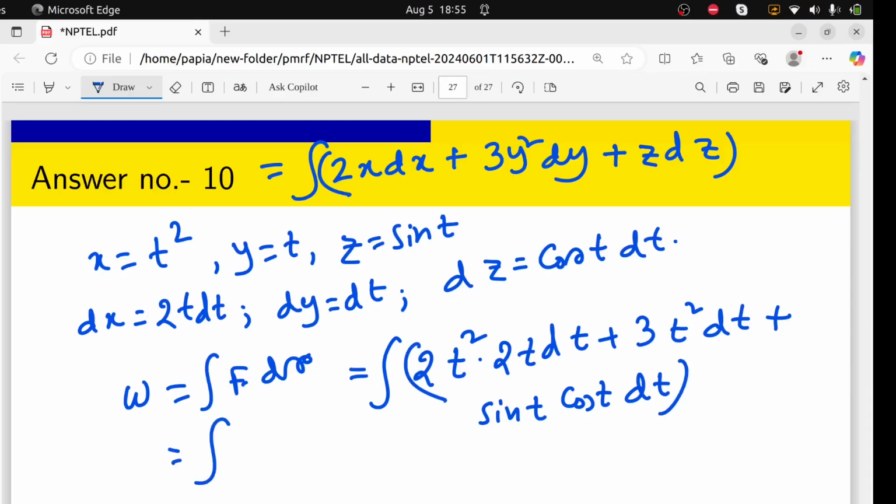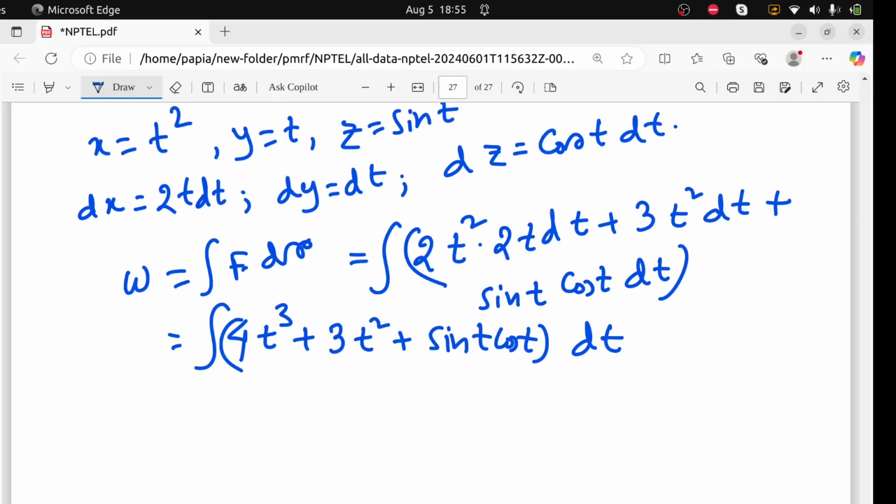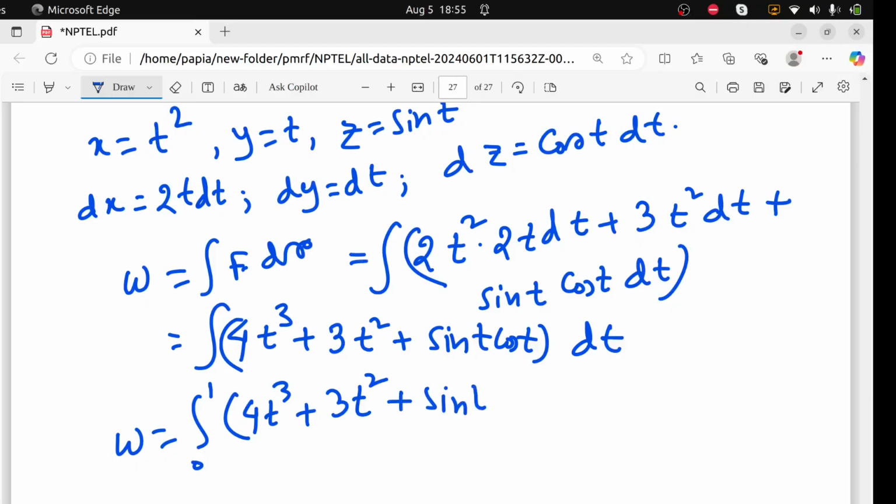Now you can just take common all the dt terms, then it will be 4t cube plus 3t square plus sin t cos t dt, and they are asking W from t equals 0 to 1. So I am getting the limit as well, and W is a scalar function, so obviously the answer will be a scalar one.